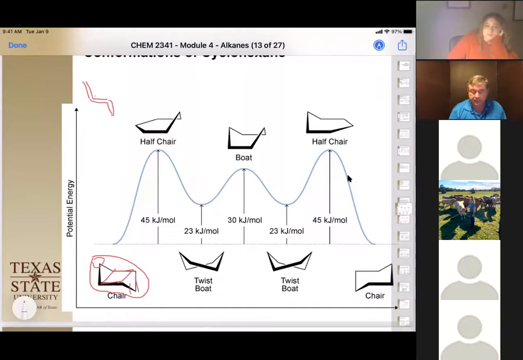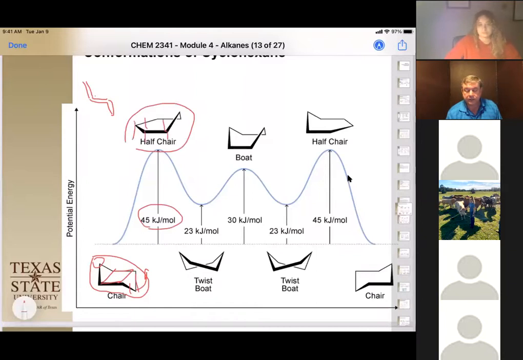However, if you were to take our chair and start pulling this up, because we can rotate on sigma bonds, it will be able to flip up into a configuration called the half chair. This is a huge energy barrier because we're starting to eclipse all of these hydrogens that we're going to see here, and so it's a high energy conformation.